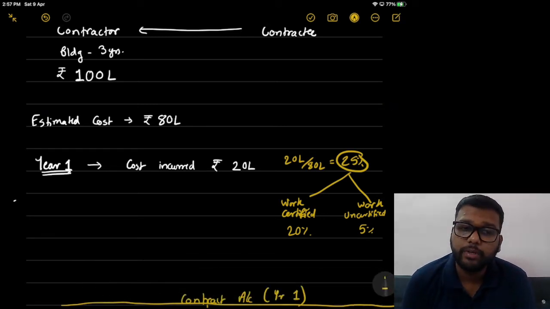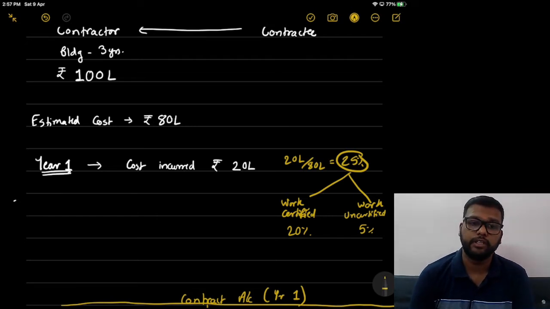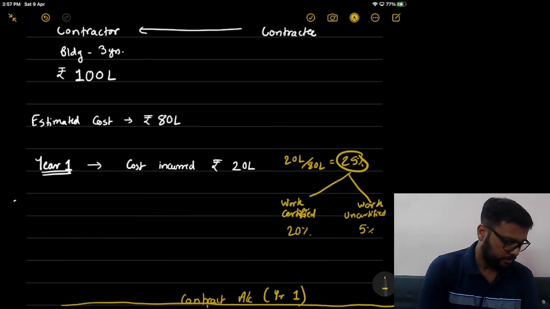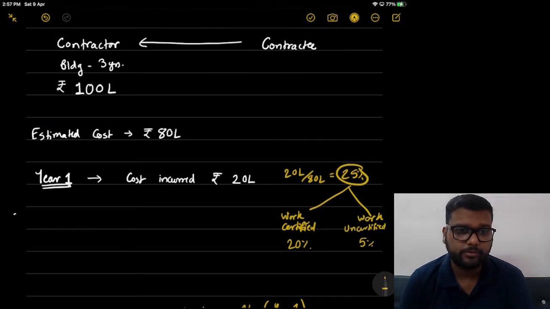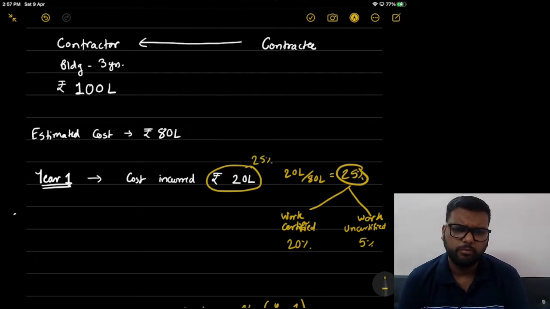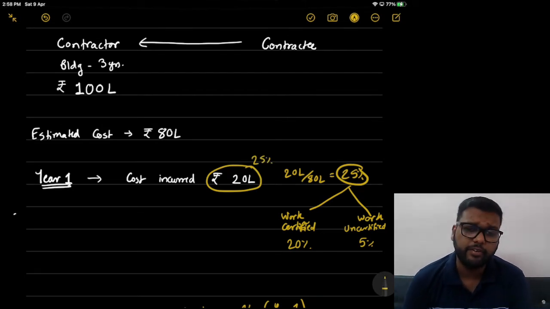That means he will not pay us 25 lakhs now. Can anyone tell me how much he will pay? 20%, that is 20 lakhs only. In this situation, we think we have finished 25%, but 5% is still uncertified, 20% is certified.